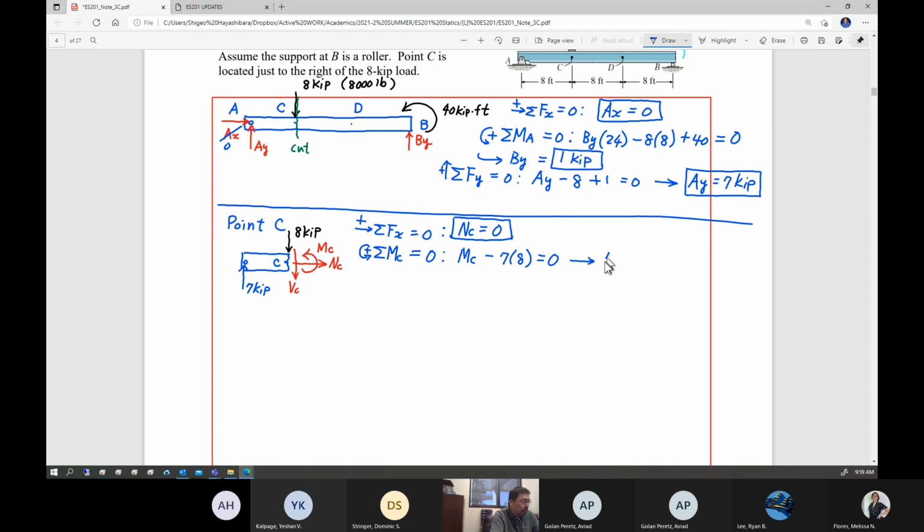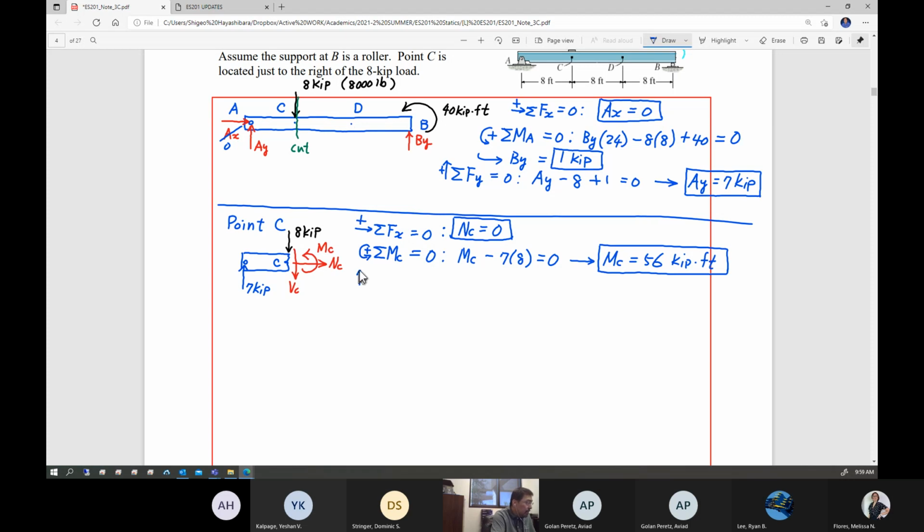This is going to give you MC, which is 56 kip foot. This is the internal bending moment developed inside of this beam.